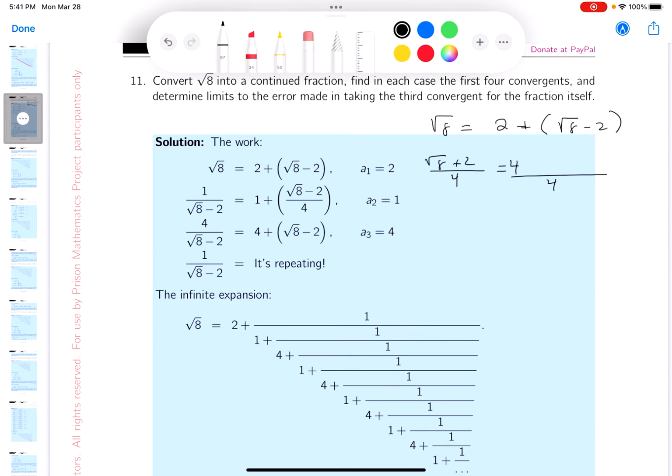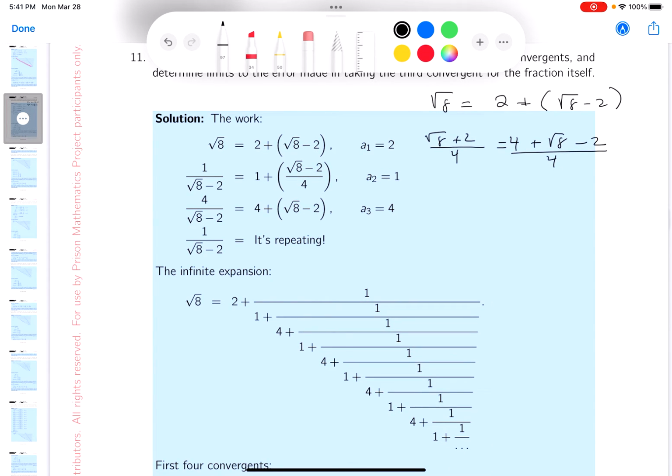Let's write this over here, plus root 8. And I want that to be equal, right? So it'll be minus 2. So I'm okay with that. Let's write that down. So that is going to be 1 plus the root of 8 minus 2 over 4. All right, so I got that part covered.